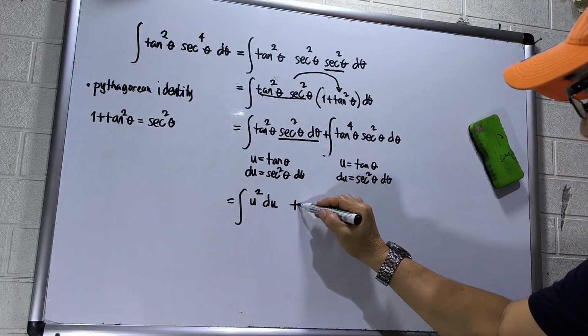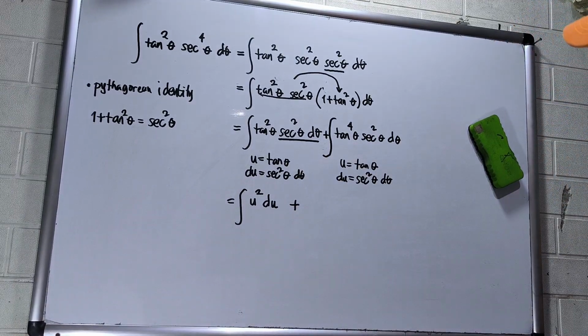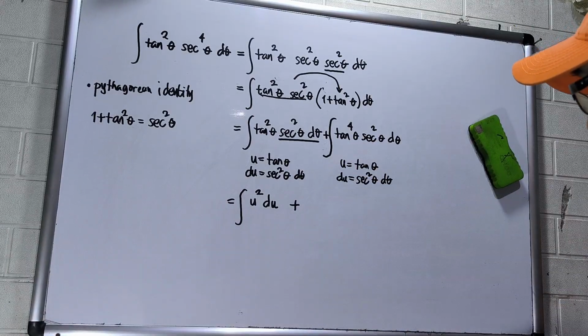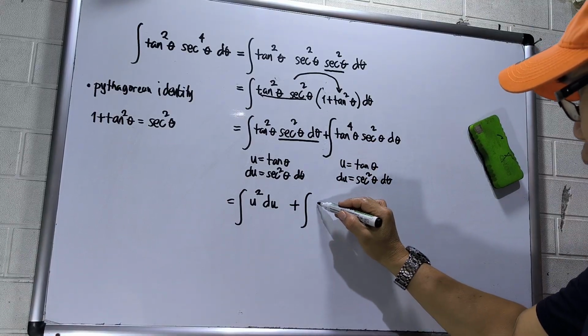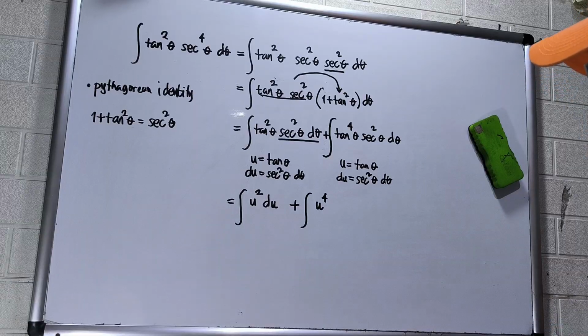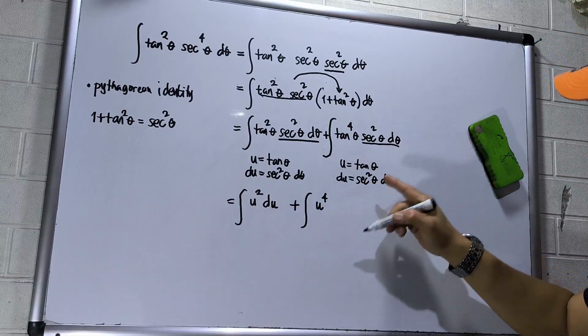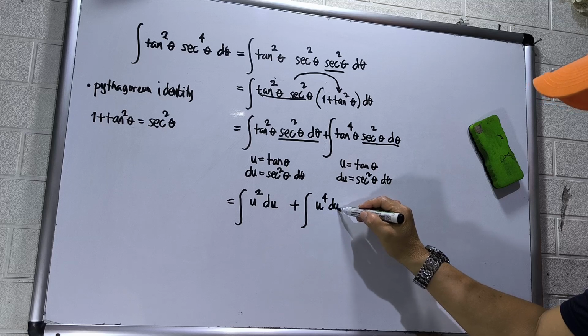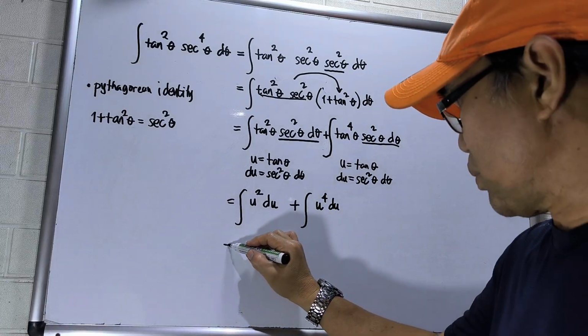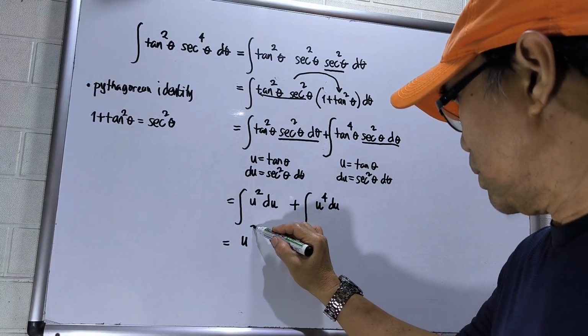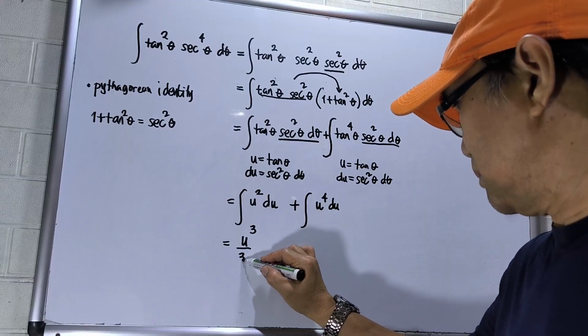Then this will be plus tangent to the fourth theta, that will be u to the fourth. Then secant squared theta d theta is equal to du. Okay, so integrating u squared, that will be u to the third power over 3.